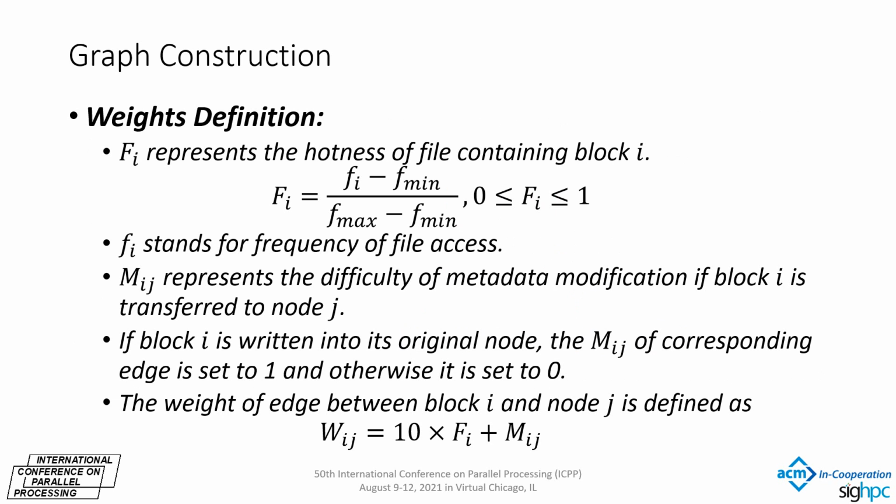If block i is written into its original node, Mij is set to 1, and otherwise it is set to 0. The weight of the edge between block i and node j is defined as 10 times Fi plus Mij.